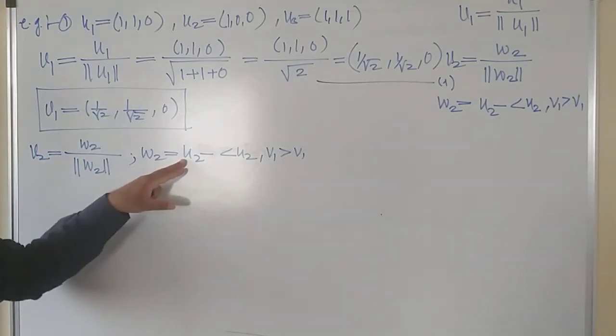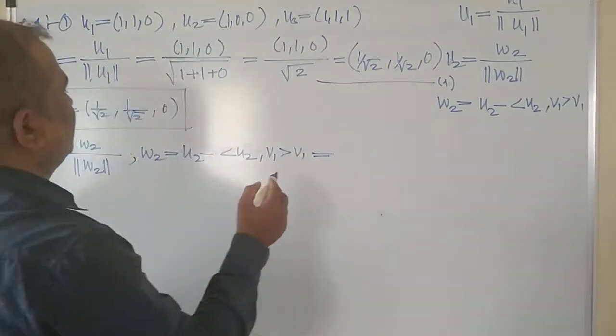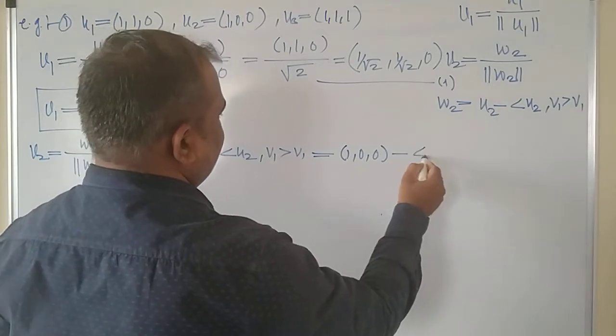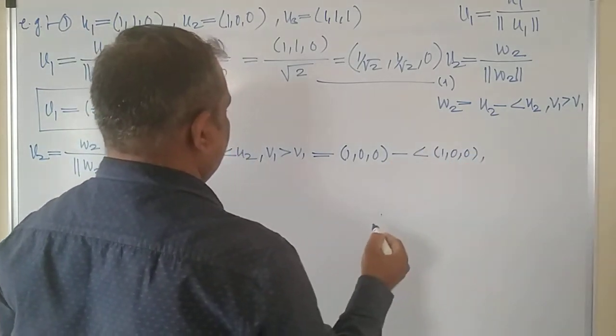So the u2 vector is (1, 0, 0) minus the inner product of u2, that means (1, 0, 0), with v1, times v1.